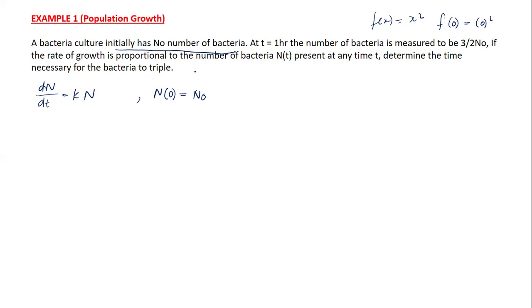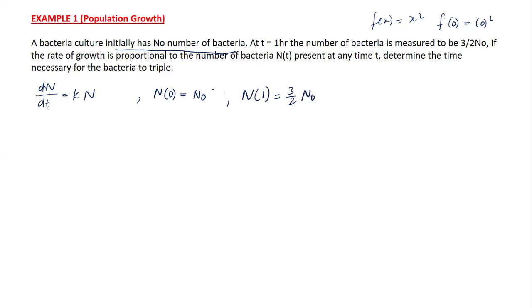Before we start the time of growth to track that growth of bacteria, maybe we had 200 bacteria. And in 1 hour, the number of bacteria was measured to be 3 over 2 of N naught.